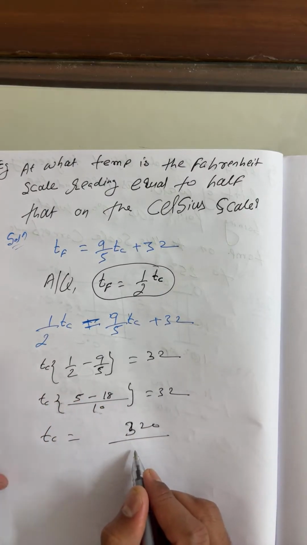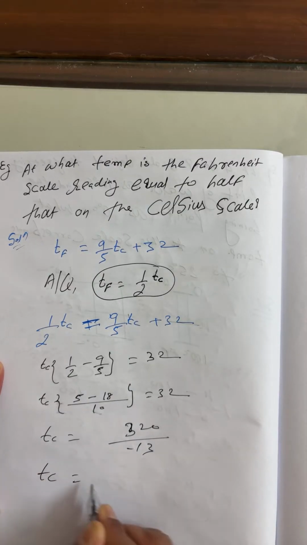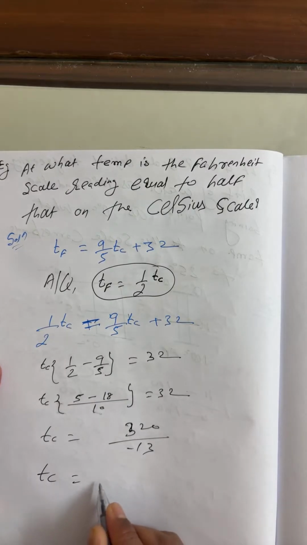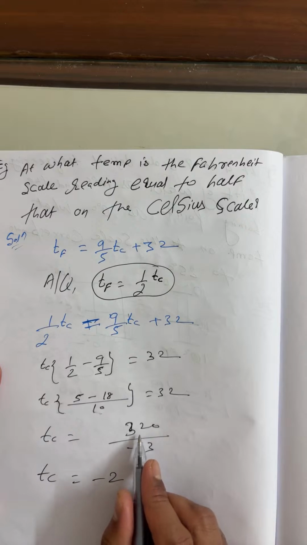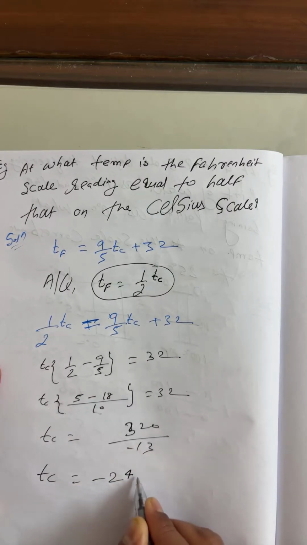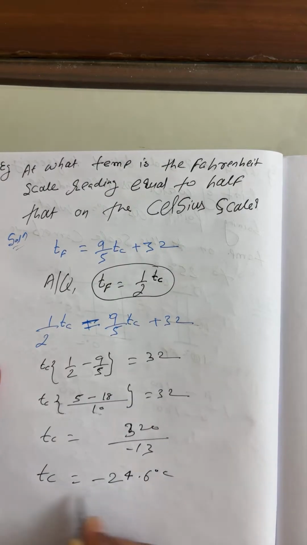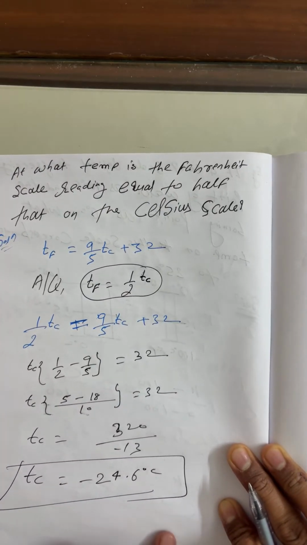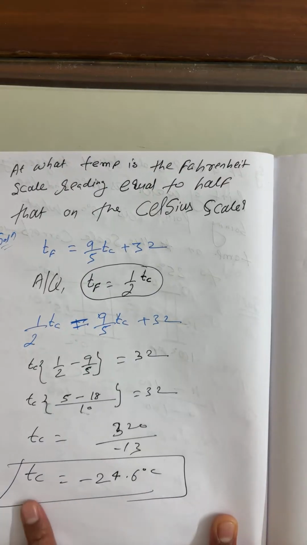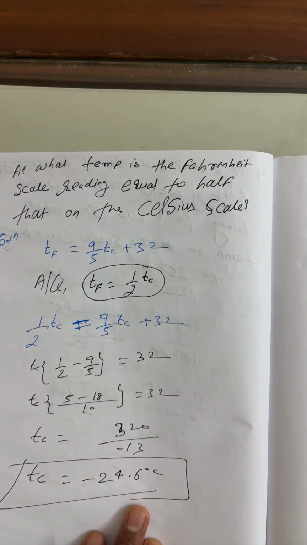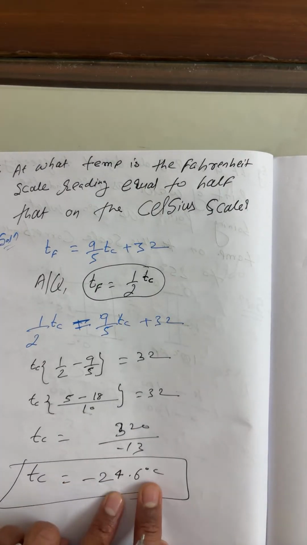How much is coming here? 13 times 2 is 26, so approximately minus 24.6 degrees Celsius. This is your answer, beta: minus 24.6 degrees Celsius.